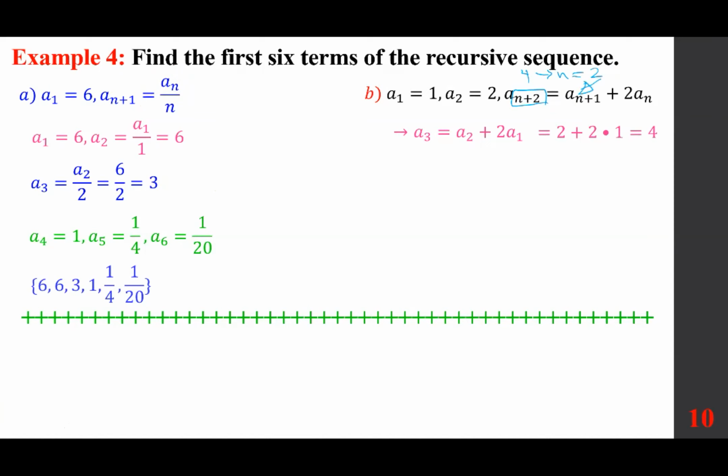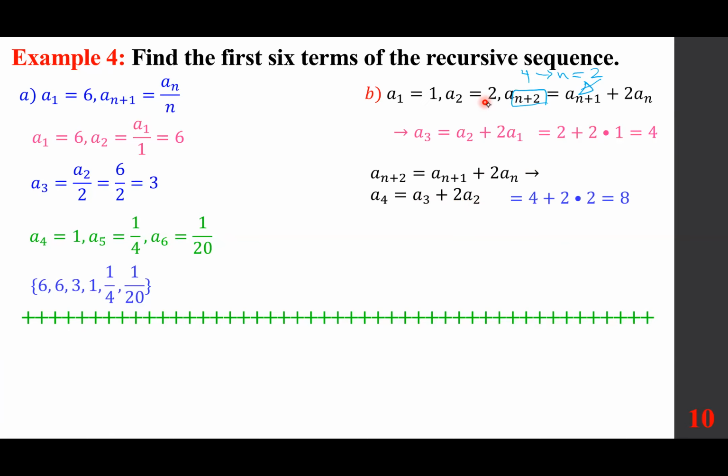So this is 2. 2 plus 1 is 3. So a sub 4 is a sub 3 plus 2 a sub 2. So a sub 4 is 4 plus 2 times a sub 2, which is 2, and the total is 8.